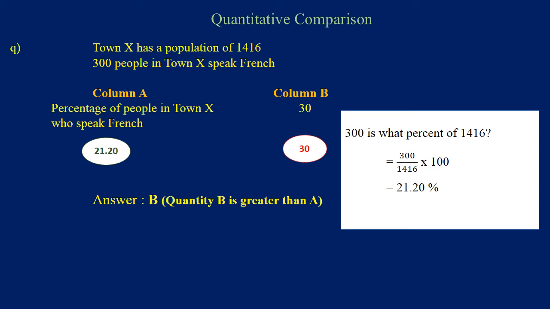We simply find the percentage by dividing 300 by 1460 and multiplying it by 100, which gives us 20.5% approximately, as our answer, right? Which means that the value in column A is less than 30 in column B, so our answer would be B, which means quantity B is greater than A.